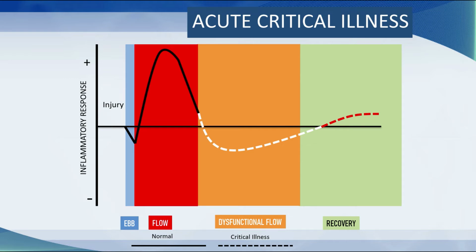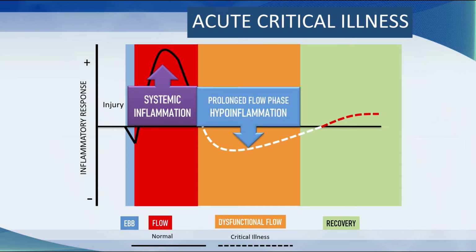If we are to look at this acute critical illness in phases, the first phase here is a systemic inflammatory phase, the systemic inflammatory response syndrome, where you have this big flow phase. The second dysfunctional flow phase is a prolonged period of hypoinflammation where the patient just runs out of reserve.